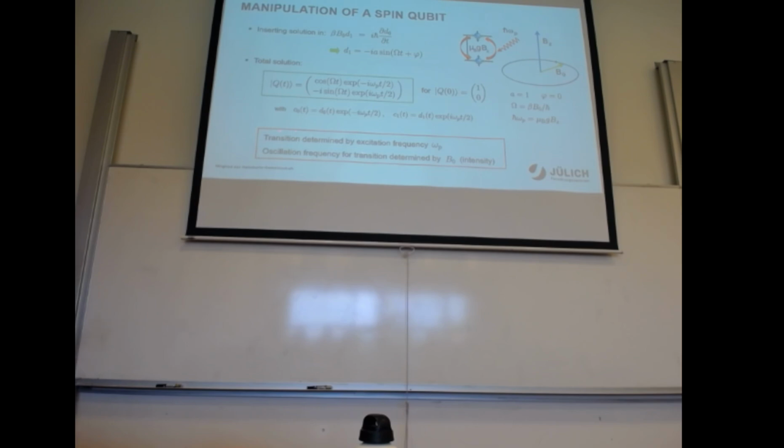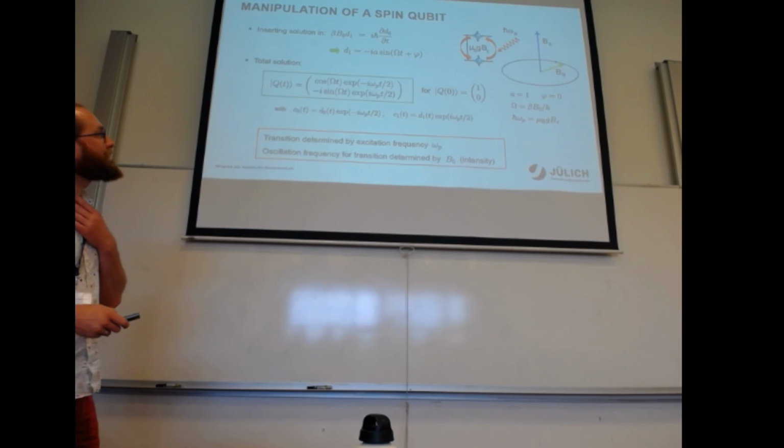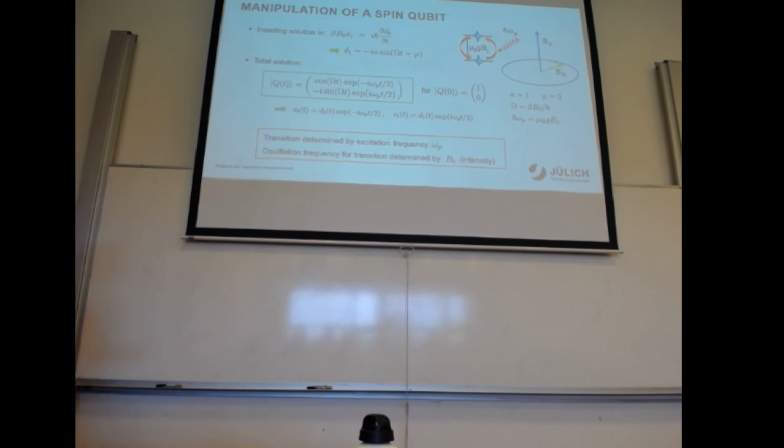Okay? So, as always with transitions of quantum states, the level spacing determines the excitation frequency. So we need to be on resonance with the Zeeman energy that we supply to the system with our static magnetic field. And then how fast you flip the spin, that is the point, right?